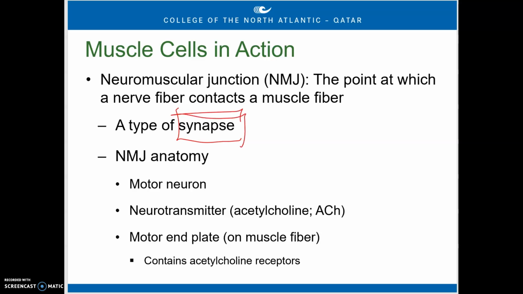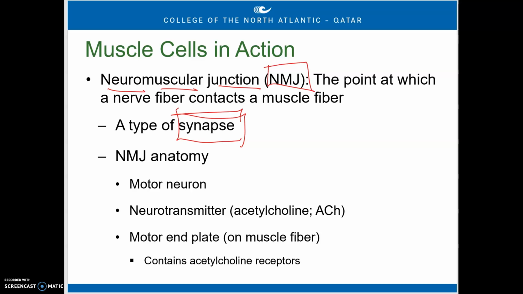Okay, so a synapse is a space within the nervous system where either two neurons come close together, or a neuron and its effector come close together. For this unit, when we say effector, we're going to be talking about the muscle fiber. The neuromuscular junction, the NMJ, is the point where a nerve fiber comes in very, very close contact with a muscle fiber.